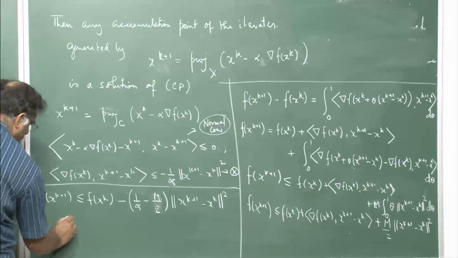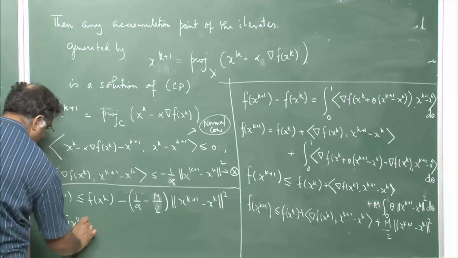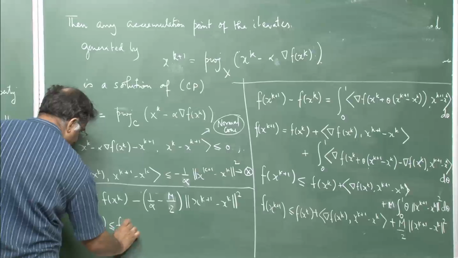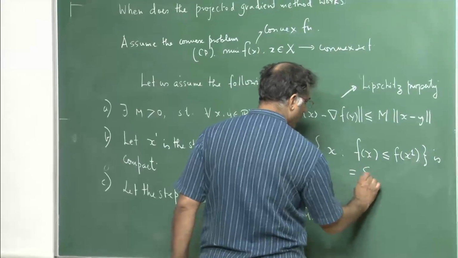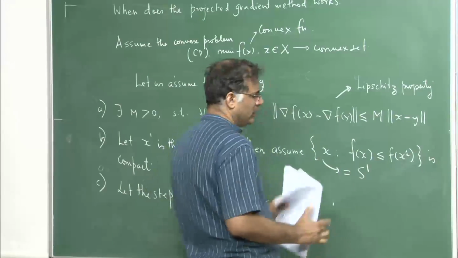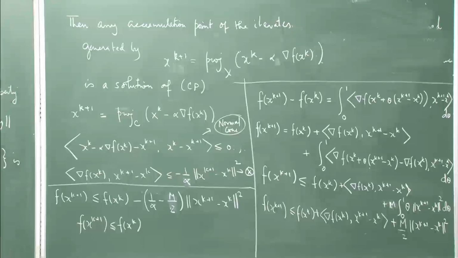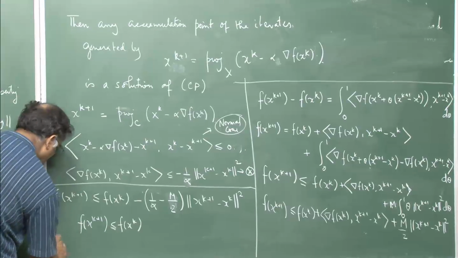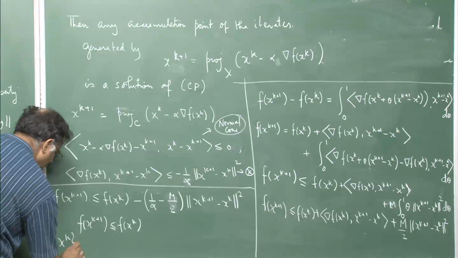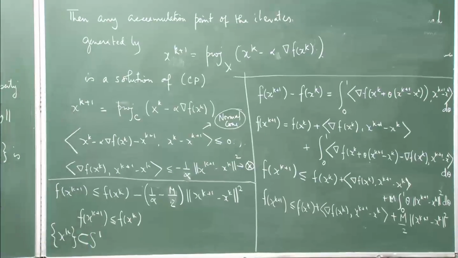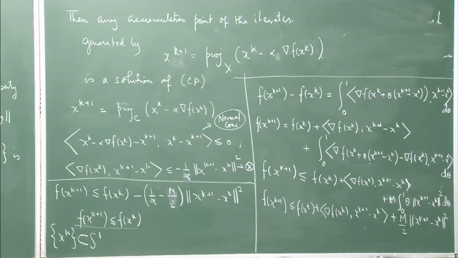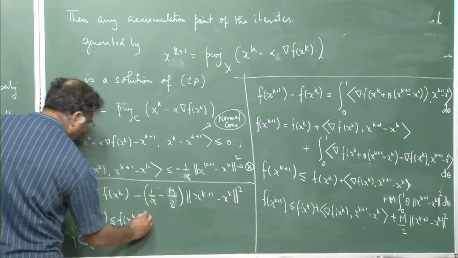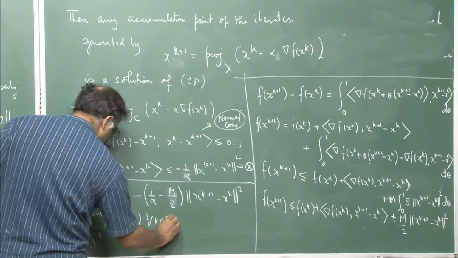So for each k, for whatever be your k, this is there. If I call this set S1, then what you have generated is that for every k, x_k is in S1, and this sequence is monotonically decreasing. This is true for all k in the natural numbers.